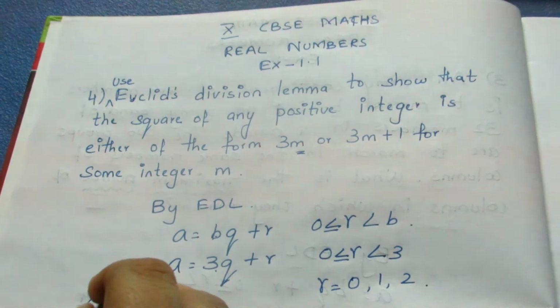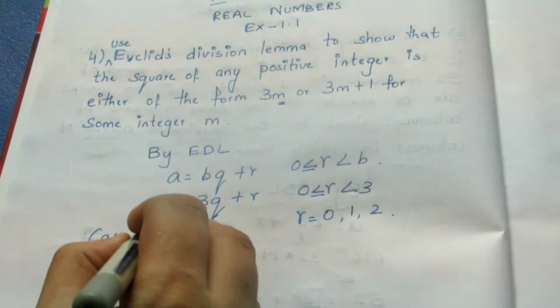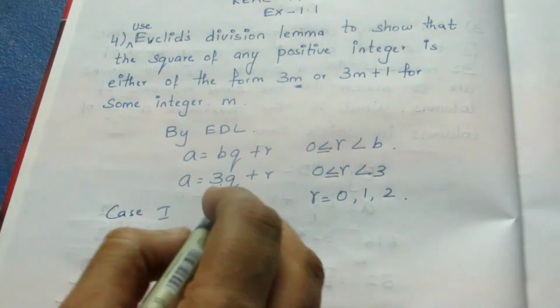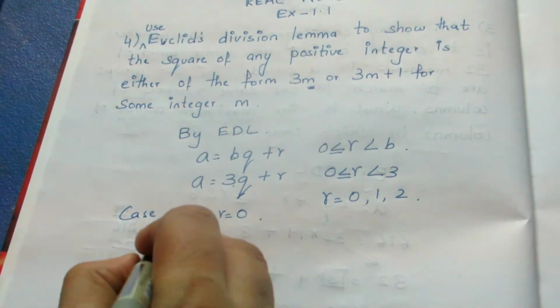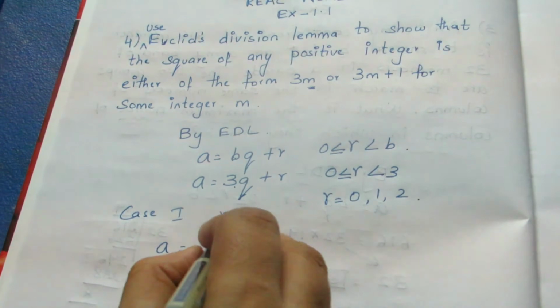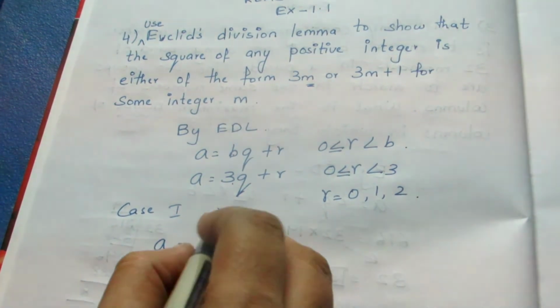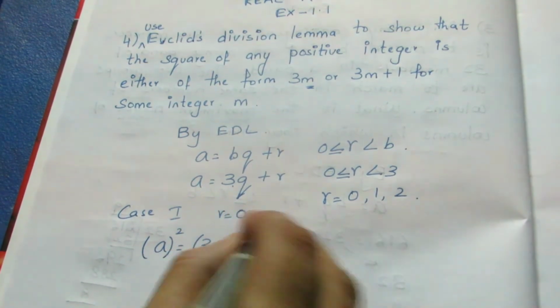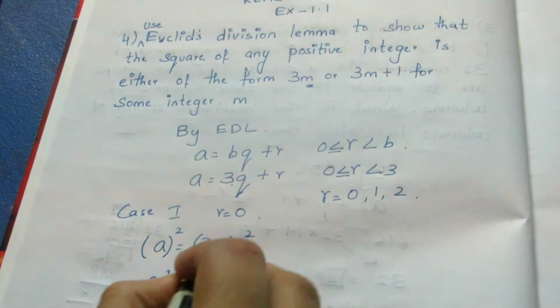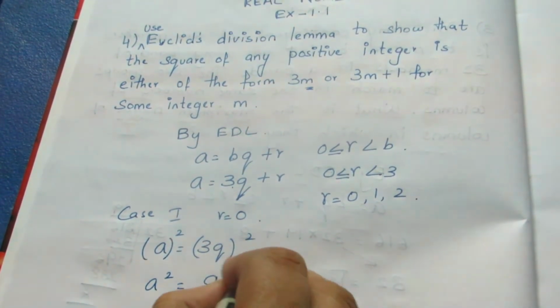Now in case 1, I am going to take remainder as 0. If I take remainder as 0, my a is equal to 3q plus 0, which is nothing, so it will be 3q itself. They have asked for a square, so I am squaring it. So a square equals 9q square.